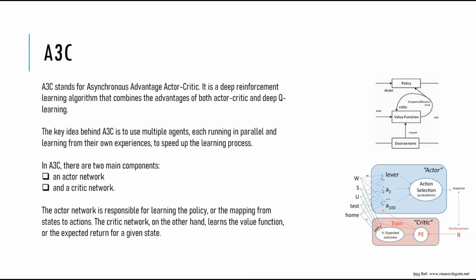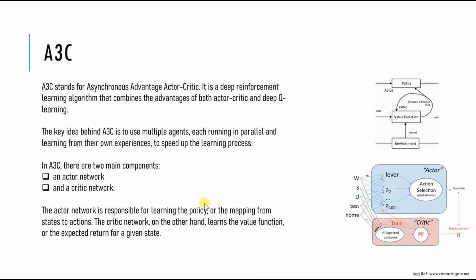The key idea behind actor critic here is that it uses the advantage function, which measures the advantage of taking a particular action compared to the average action value. This helps to reduce the variance in the update step and improve the stability of the learning process.